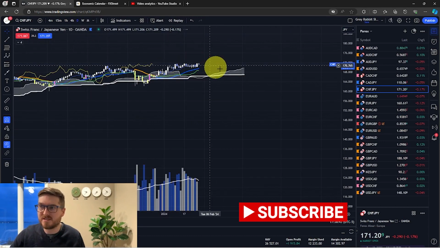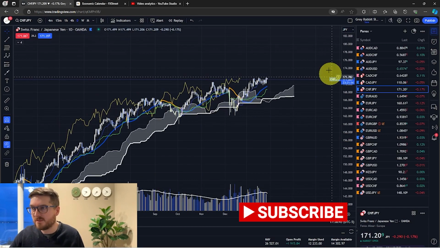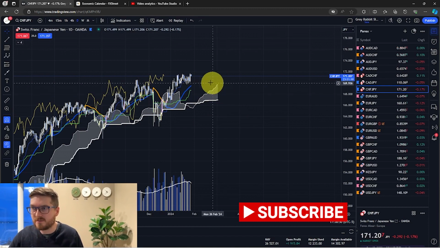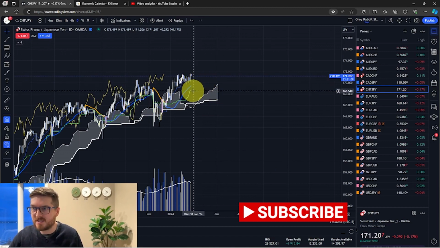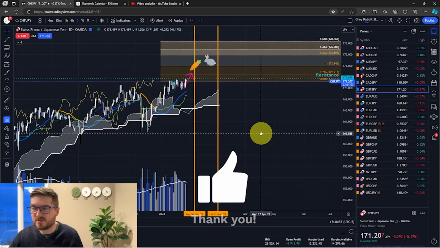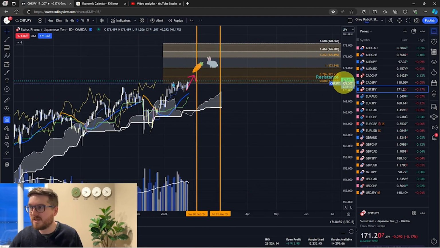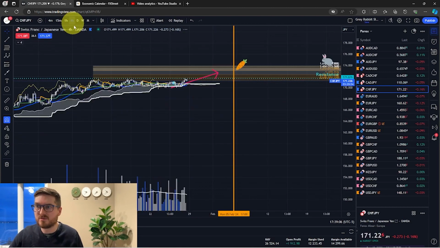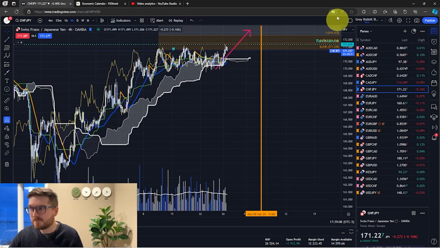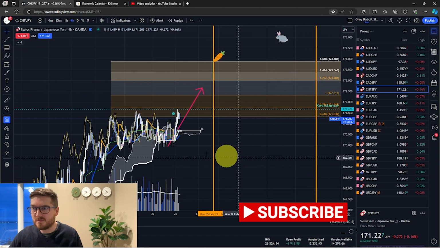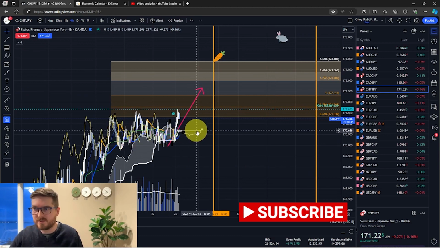But if I look at the daily chart, let me turn my drawings on. So we got a nice bullish Kumo cloud, got price above the Tenkan and the Kijun-sen, but everything's flat, guys. So what do we need to do to turn it from being flat? We need price to break this 171.676 resistance level. And so if I look on the 4-hour chart, you can see right now we're just stuck between this range here, right?